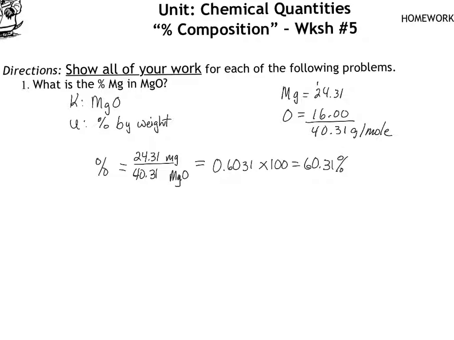So here I'm going to go by what I used to calculate my weight, so I'm going to use my significant figures in my calculations to get my answer of 60.31%. So that's the answer for number 1.